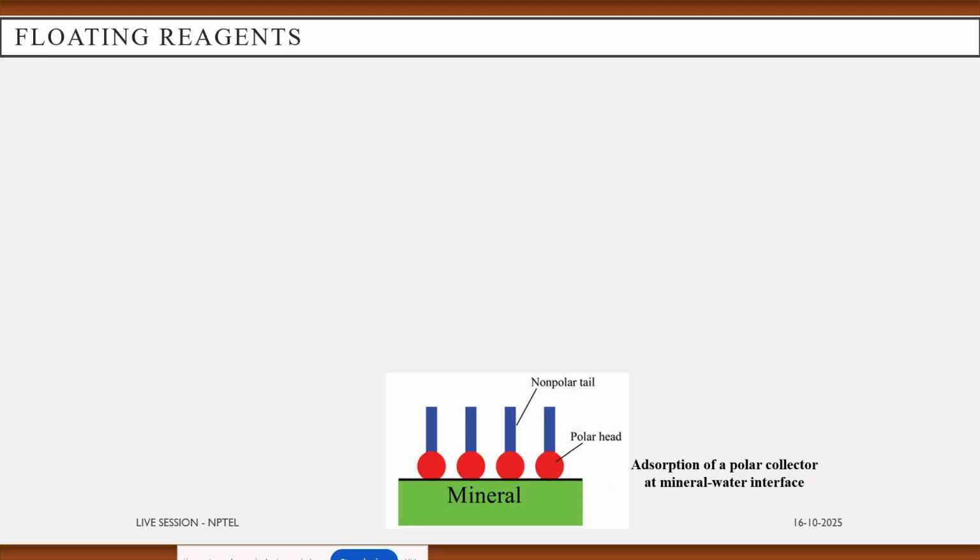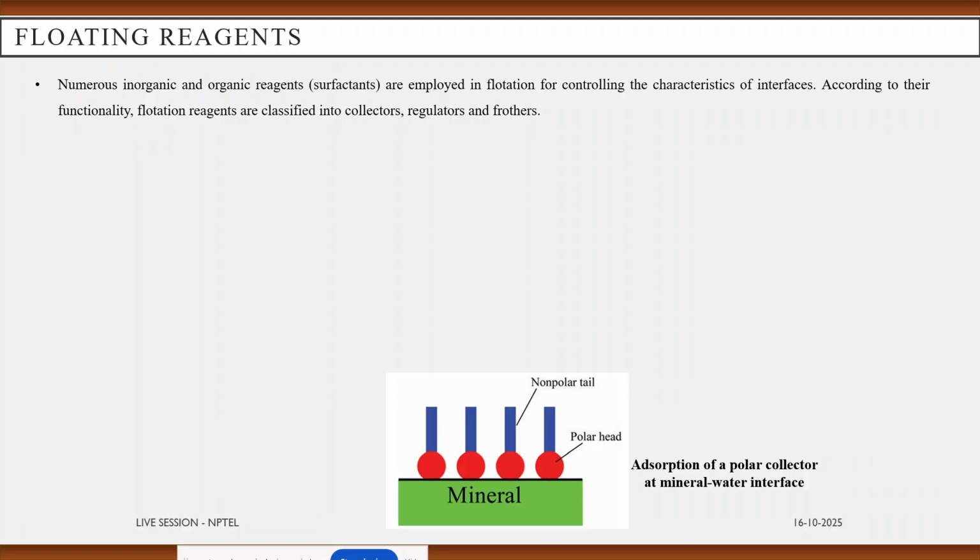Here you can see that numerous inorganic and organic reagents and surfactants are employed in a flotation process for controlling the characteristics of the interfaces. According to their functionality, flotation reagents are classified into collectors, regulators, and frothers.